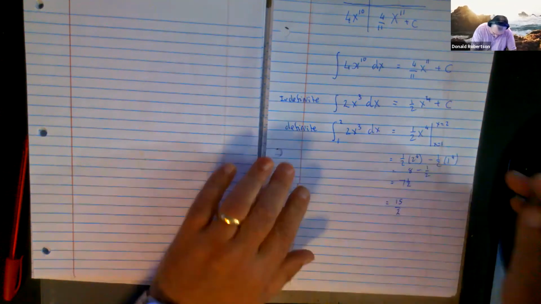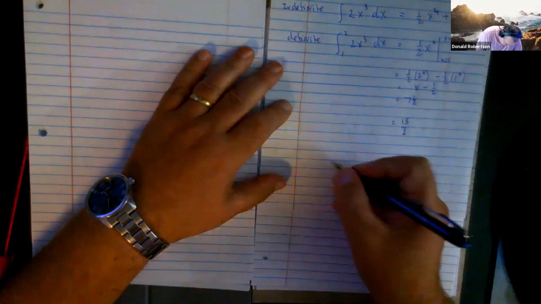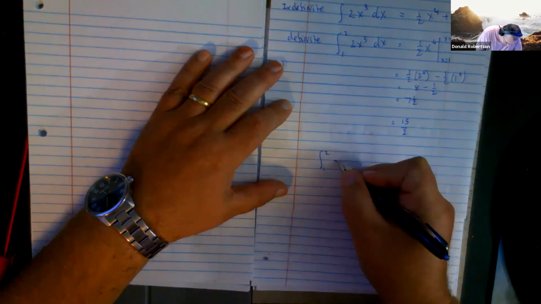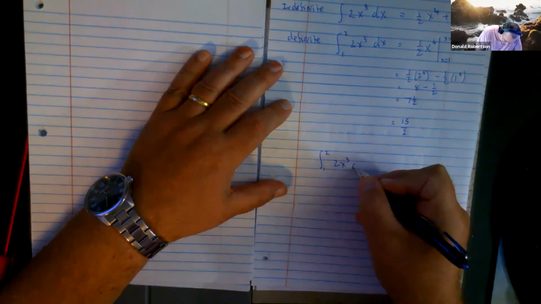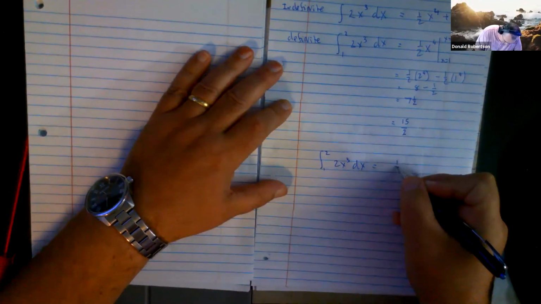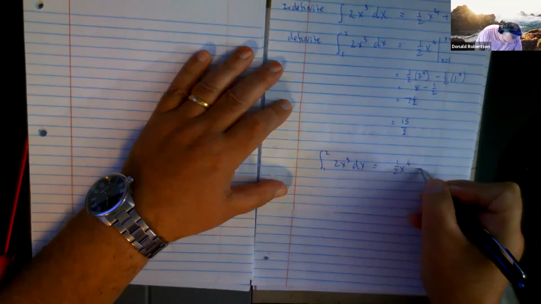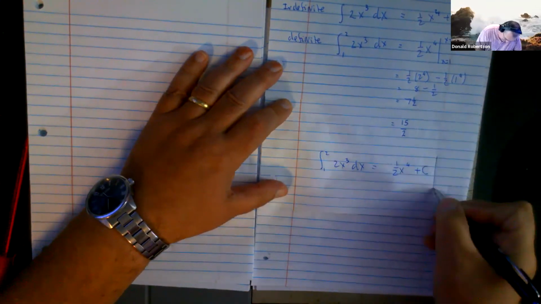Now, to do with the plus C thing, let me show you why that answer doesn't have a plus C in it. So I'm going to pretend I'm doing the question from scratch. Only this time, when I write down the antiderivative, I'm going to put that plus C in.